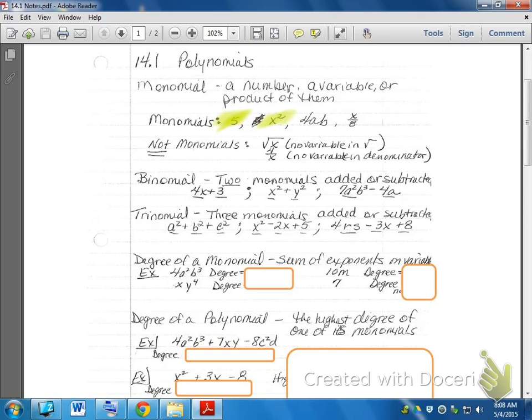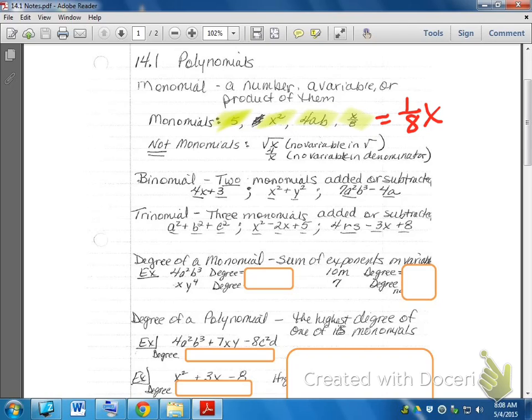A product, 4ab, that's 4 times a times b, so it's a number and two variables. That's called a monomial. And then this one is x over 8, because that is equivalent to 1/8 times x, which is a number times a variable. So that works. All of those things are monomials.